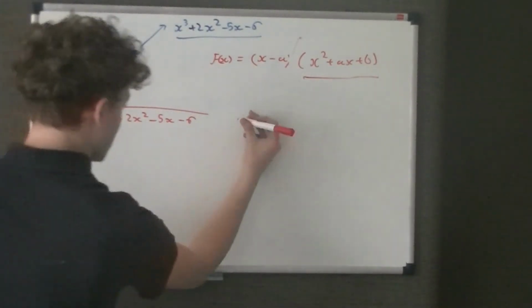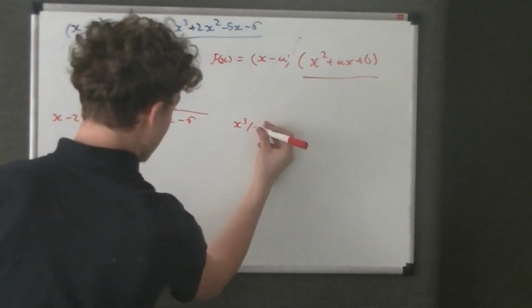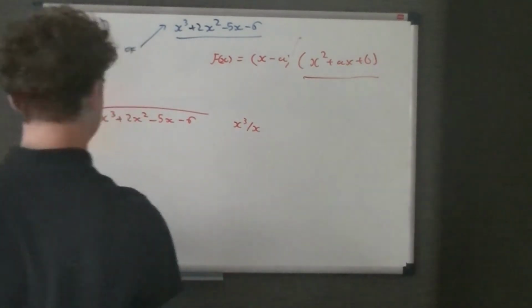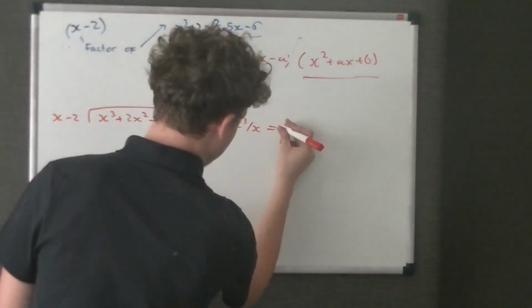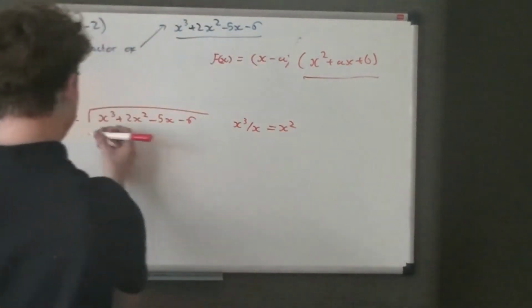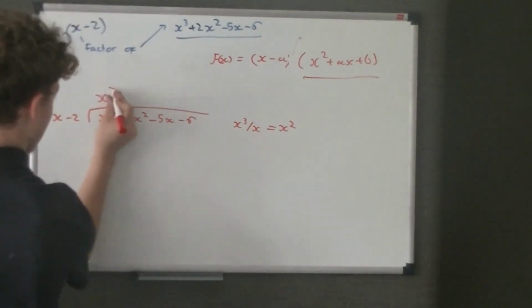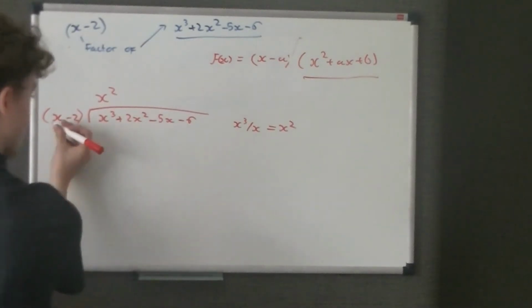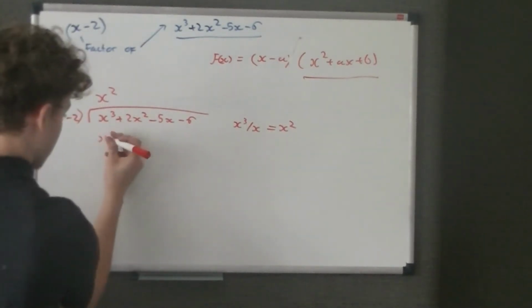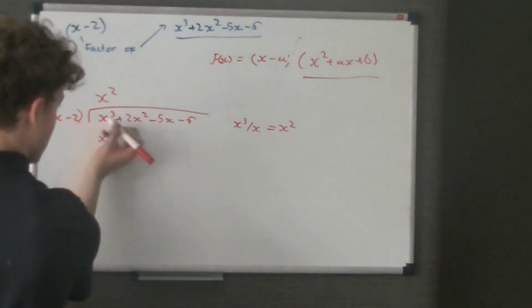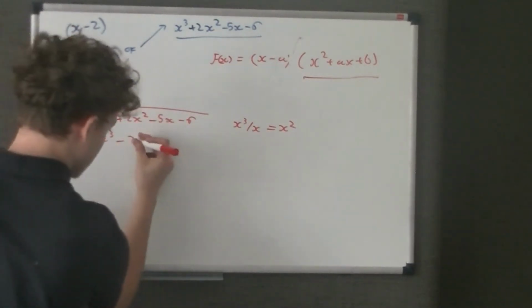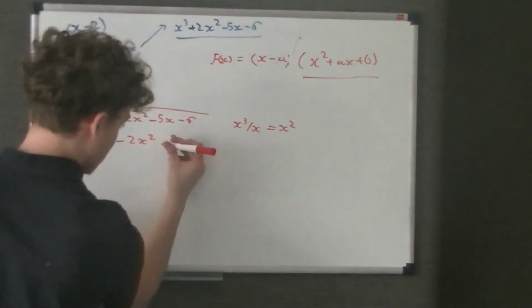So x cubed over x gets us x squared. So we put x squared up here, times x squared by this. So x squared times x is x cubed. Times x squared by negative 2 is take 2x squared, and that's all we can do.